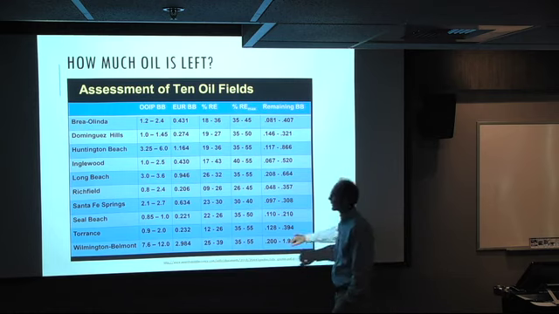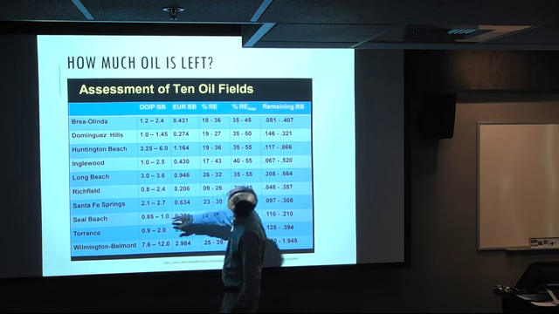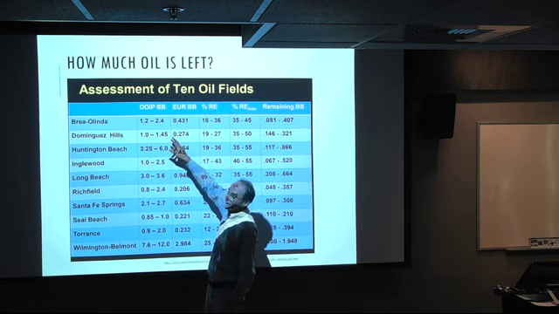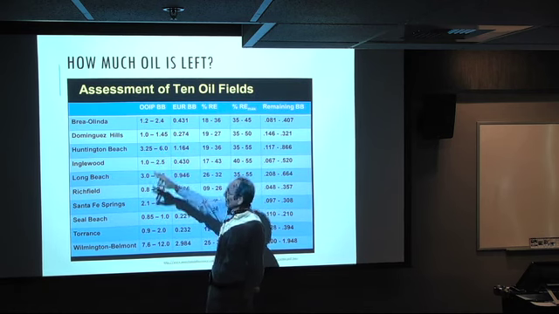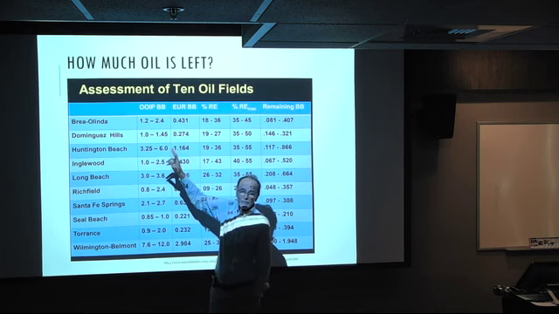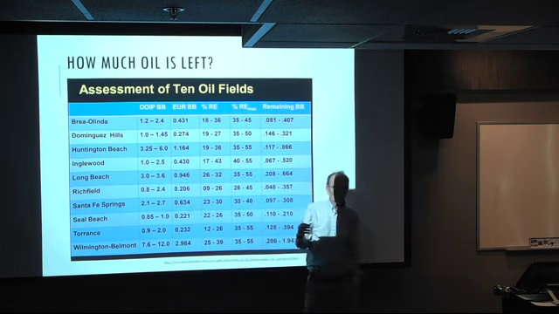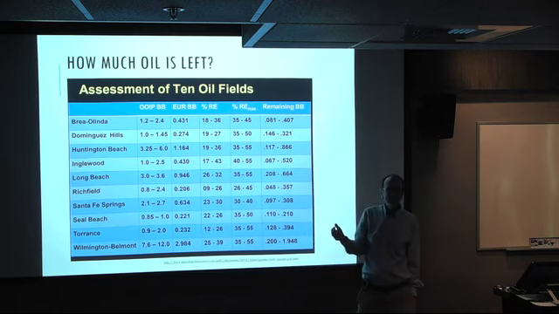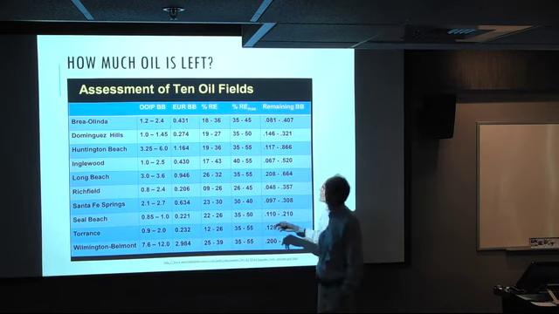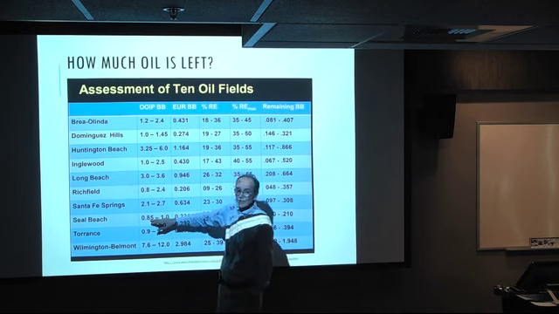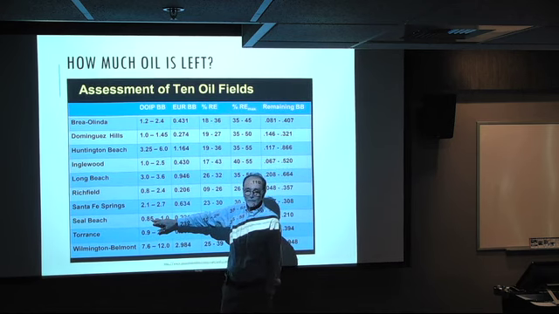So, for example, in the Seal Beach oil field, OOIP means original oil in place. BB means billions of barrels. To me, a big oil field is defined as more than 500 million barrels. So here you have 850 million barrels.